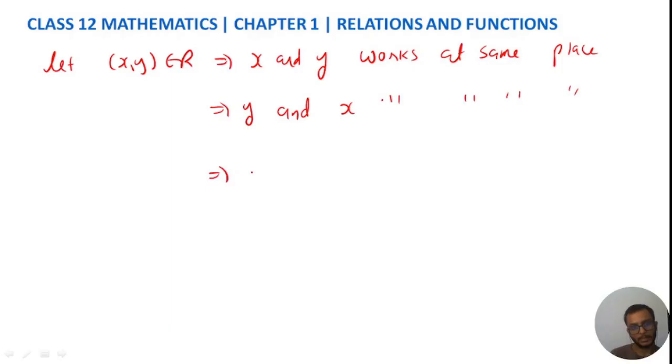This will imply (y, x) belongs to R, because this is how R is defined, right? Two elements (y, x) will be in R if y and x work at the same place. So for whatever arbitrary x we pick, we have (y, x) in R. Hence R is symmetric.